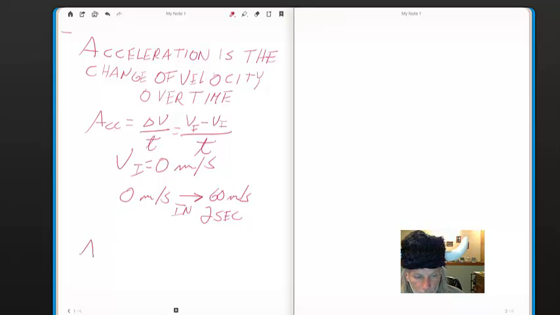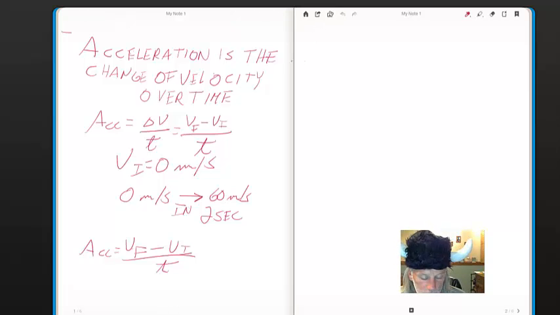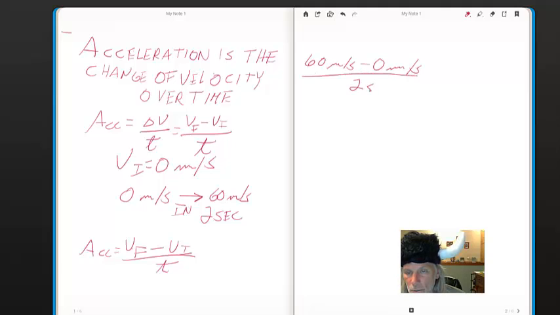We know acceleration equals final velocity minus initial velocity all over time. If we take a look at this, we can start plugging in some numbers. Our final velocity is 60 meters per second minus our initial, and we went from a dead standstill, 0 meters per second, and it took us 2 seconds.